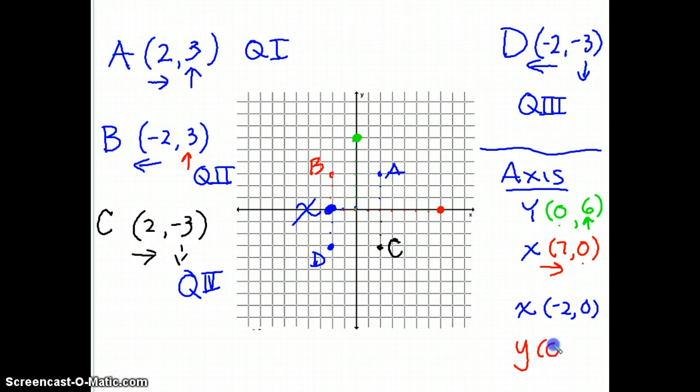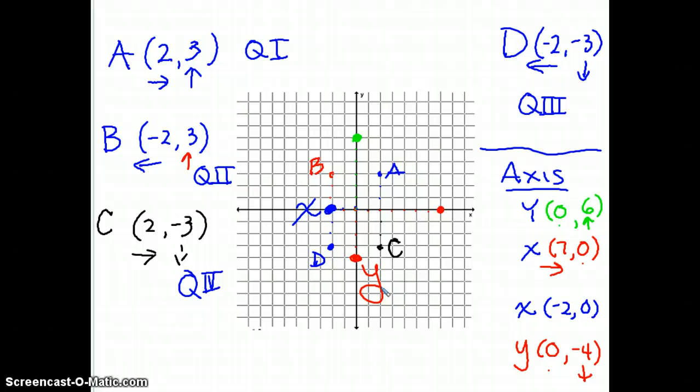If I look at the y-axis, and I do not want to move left or right. I just want to move up or down. So I'm going to go to negative 4. So I stay stationary at the origin, and then I move down 4 units. So here I'm at the origin, 1, 2, 3, 4 units. I'm at my y value.